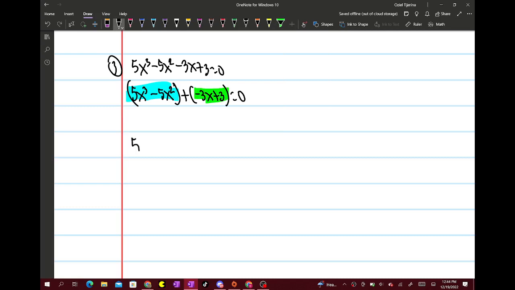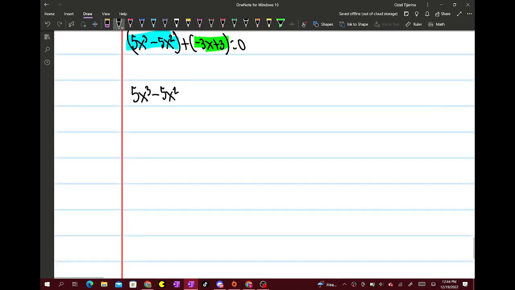So we have 5x cubed minus 5x squared. Looking at this, we can factor out a 5, right? So let's go ahead and first do that. So 5, and I'm going to do this step by step.